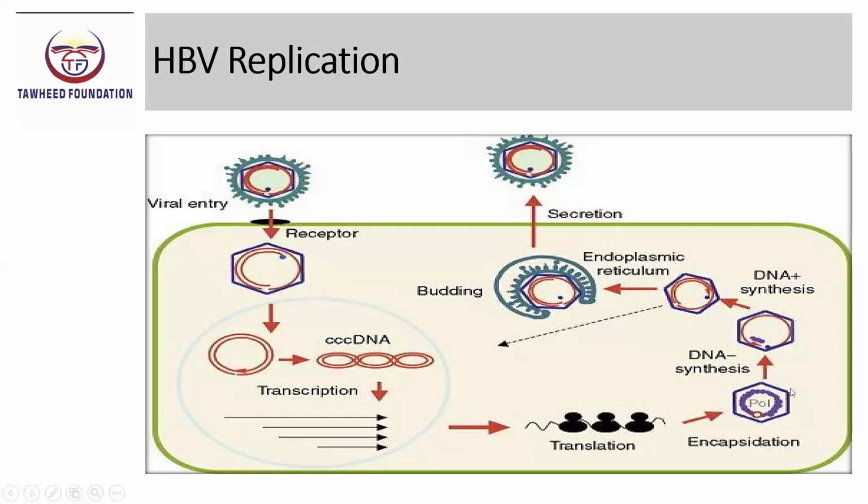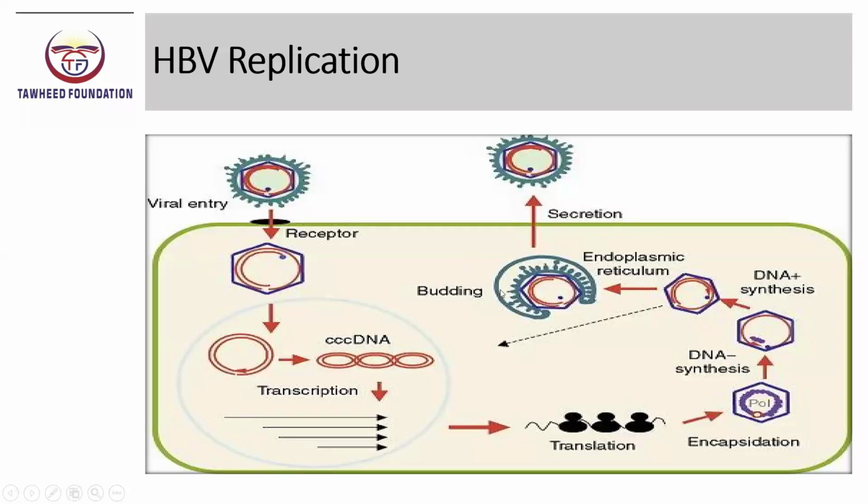DNA synthesis and replication: viral DNA polymerase synthesizes the negative DNA strand first, followed by the positive DNA strand synthesis to form the new viral genome. And encapsidation: newly synthesized viral DNA is packed into capsids, a process called encapsidation.